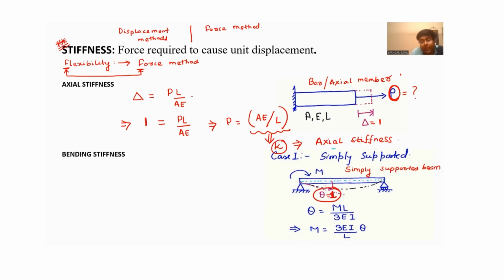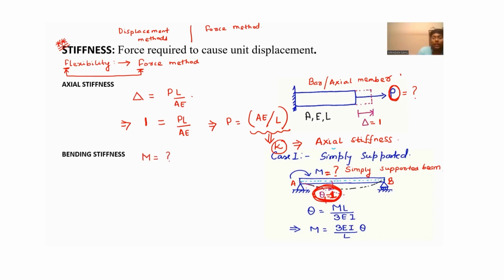So to make theta unity, what is the force required? In this case, force is the moment. So you have to calculate what will be the value of M you apply at that joint A, suppose, such that your rotation at that joint, which is theta A, should be equal to 1. So what will be the value of M?